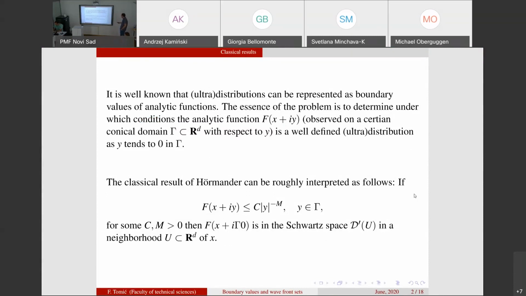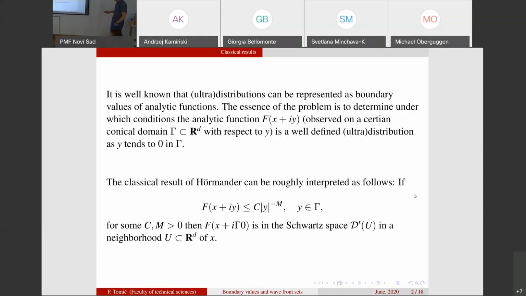So what is the main problem? It is to determine under which condition an analytic function defined in a certain conical domain with respect to the imaginary variable is a well-defined ultradistribution as epsilon tends to 0 in gamma.